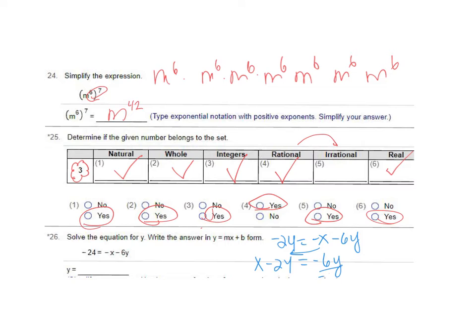And then if I divide everything by negative 6, I'm going to have a negative 1/6x plus 4 is equal to y. And so it's y equals negative 1/6x plus 4.